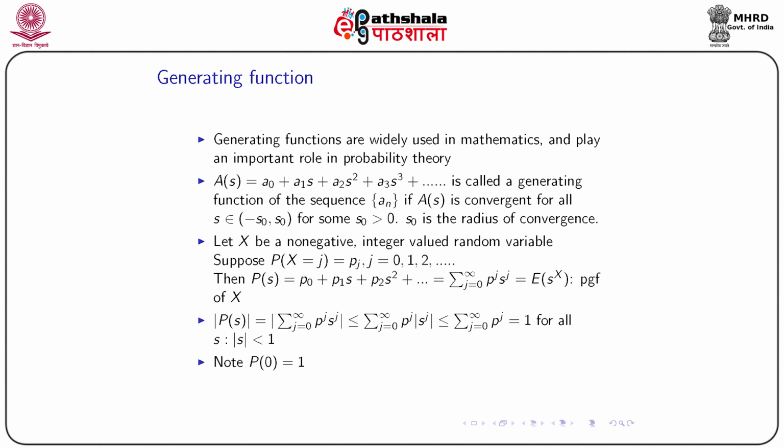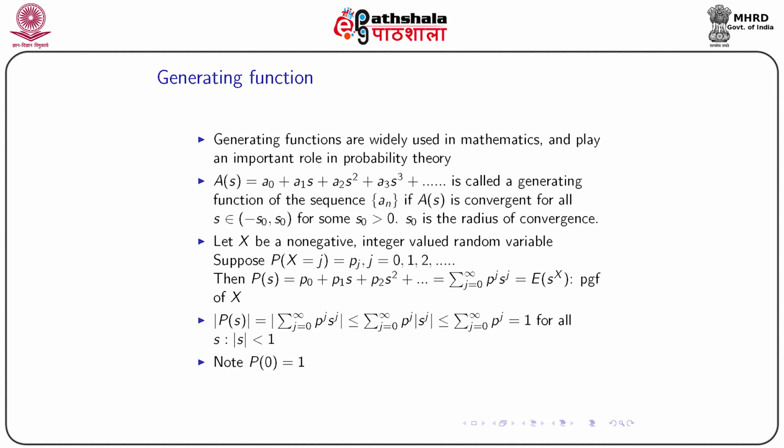Now if I take the modulus of P(s), |P(s)| is the modulus of the sum over j from 0 to infinity of p_j s to the power j. If I take the modulus within the summation, the quantity will be bigger, so it is less than or equal to the sum over j from 0 to infinity of p_j |s| to the power j, which is less than or equal to the sum of p_j, and that equals 1.